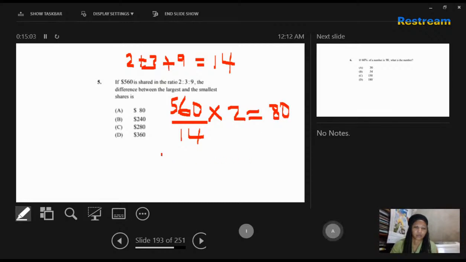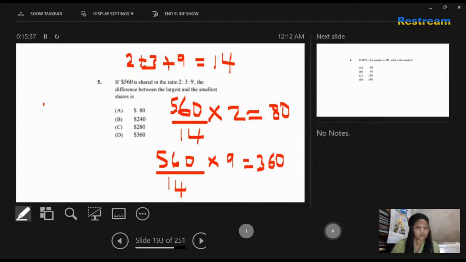And then the largest is 9, so that is 360. And then if you find the difference of the two, it would be 280. So the answer is C.